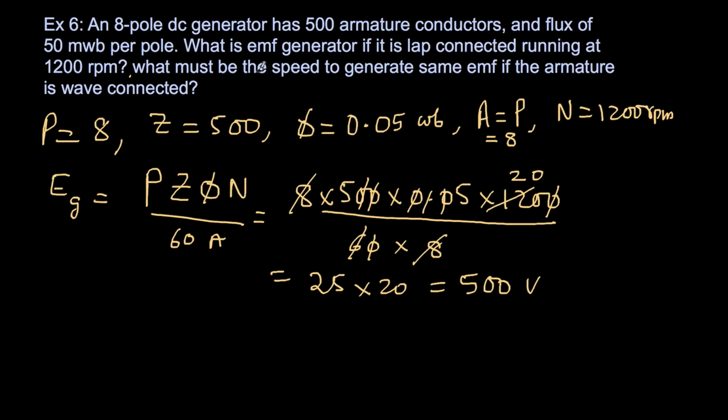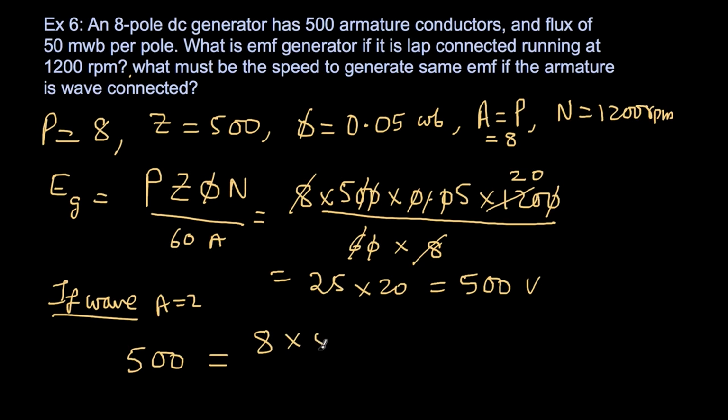Let's continue. What must be the speed to generate the same EMF if the armature is wave connected? If wave connected, then A equal to 2. Let me substitute. I want to generate the same voltage 500, and the poles are 8, conductors are 500, and flux is 0.05, and the speed I don't know.